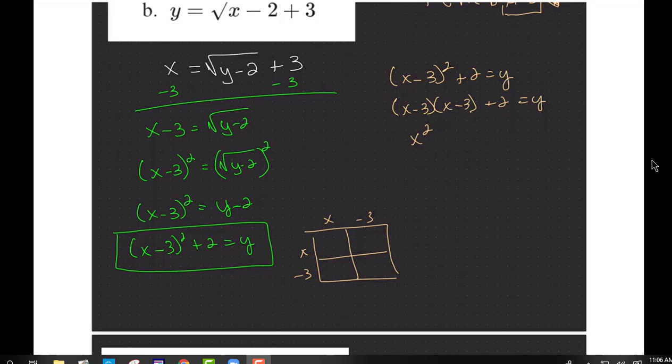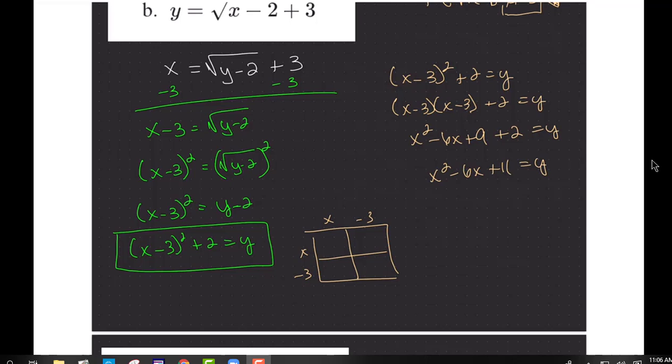And then you have negative 3x. Plus negative 3x, right? So minus 6x. And then negative 3 times negative 3 is plus 9. And then don't forget your plus 2 equals y. x squared minus 6x plus 11.